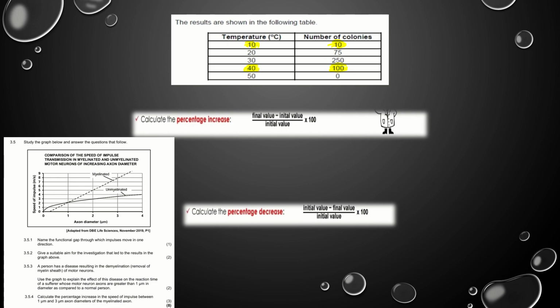So at 40 degrees Celsius, we had 100 what? Colonies. Then under 10 degrees Celsius, we had what? 10 colonies. Then we say big minus small. Since we are calculating percentage increase, we're going to divide by small. Then we multiply by 100 because those are percentages, right? So what is the big value there?